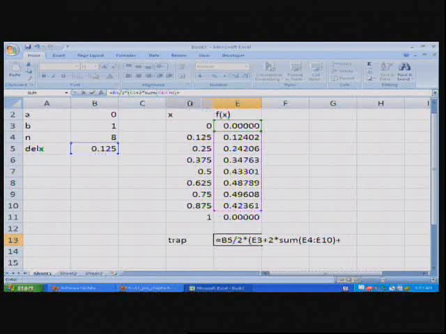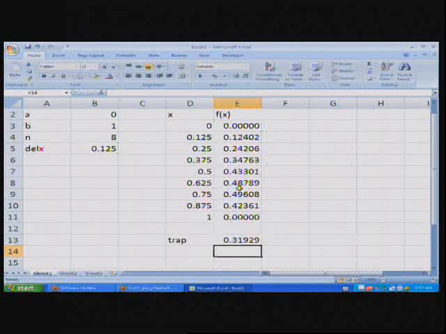Yeah, then you add the last one, close that parenthesis, and hit enter.